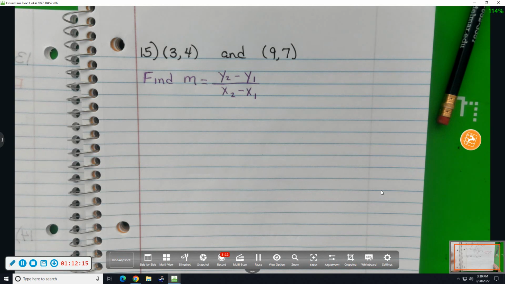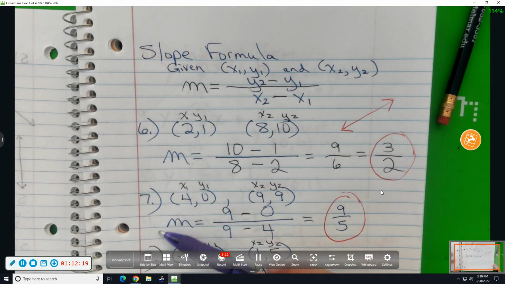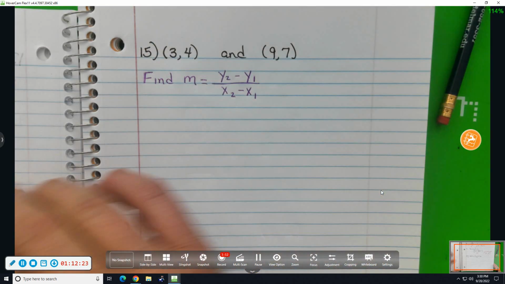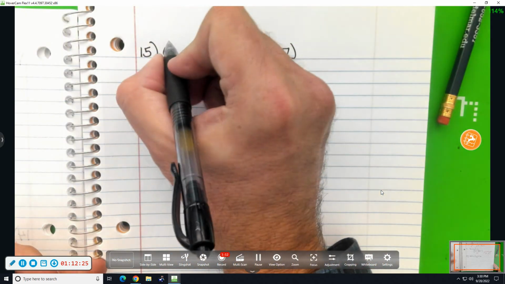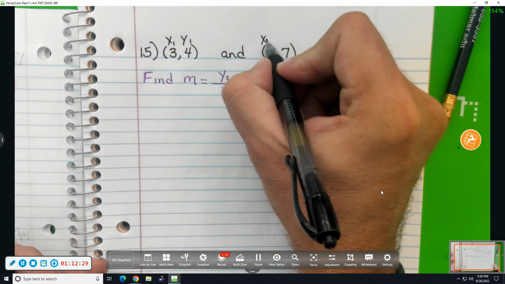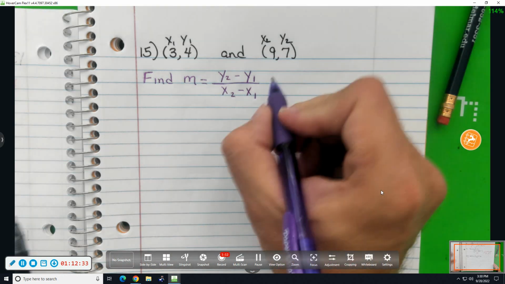So I need to go ahead and label the ordered pairs the way we were here. First x, first y, second x, second y.